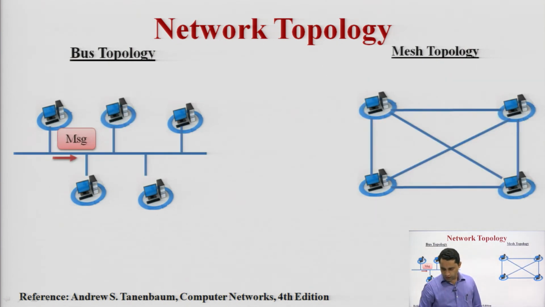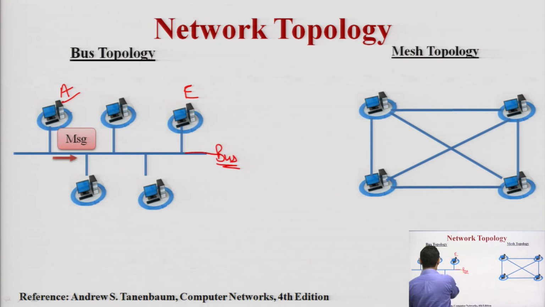Another important diagram is the bus topology. Bus topology is slightly similar to the star one, with the same disadvantage that the packet is sent to all nodes in between. Suppose this is a sender node A that wants to send a packet to node E. The message will come to the common bus, where it is sent.